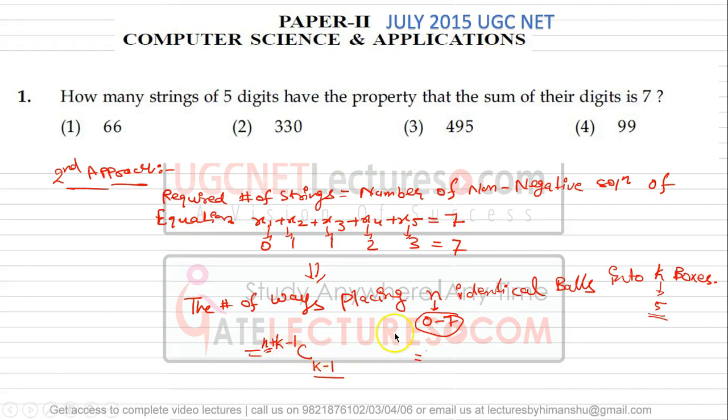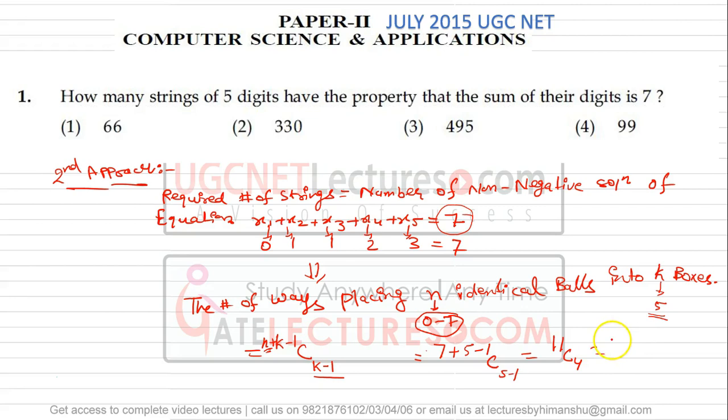Okay, so we have n equals 7 plus k equals 5 minus 1 c 5 minus 1. So this will be 11 c 4.